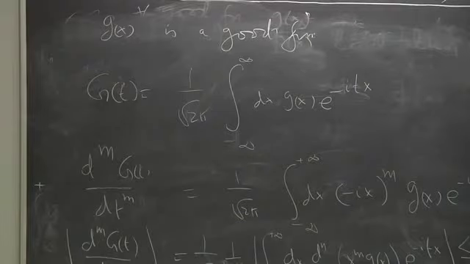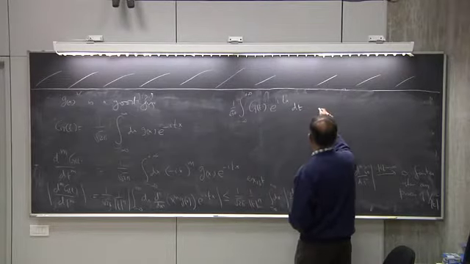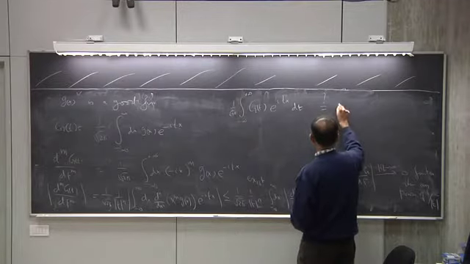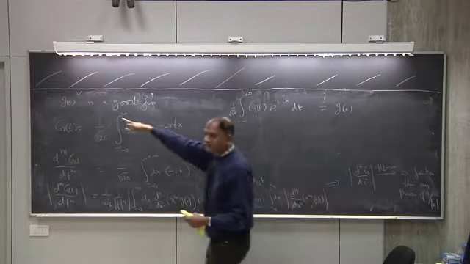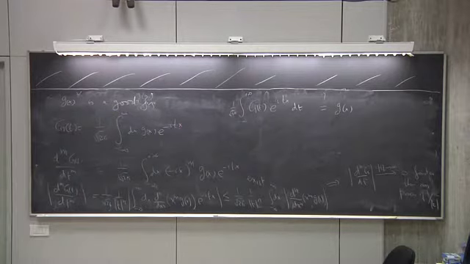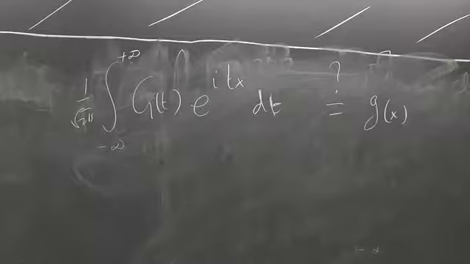So now you take the inverse Fourier transform, G of t e to the itx dt, and we will prove that that's the same as g of x, the original good function, right? Actually, probably it already follows from the theorem, right?